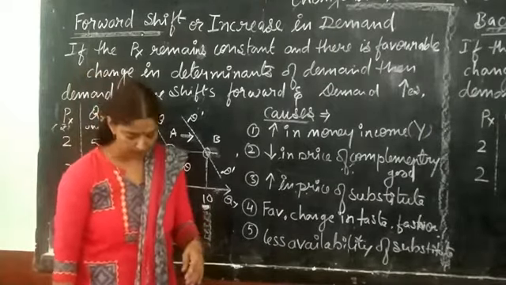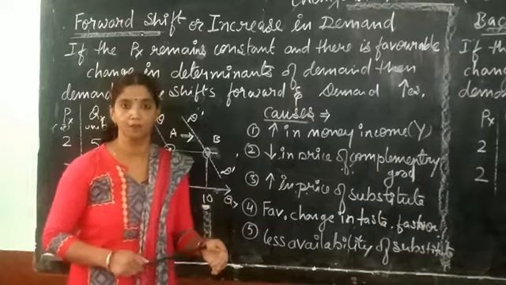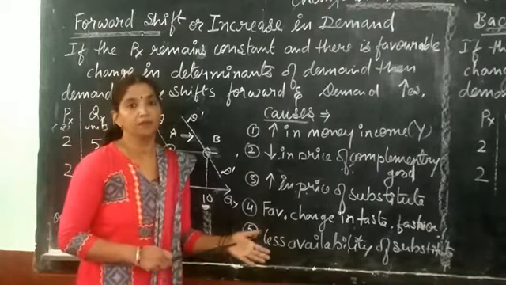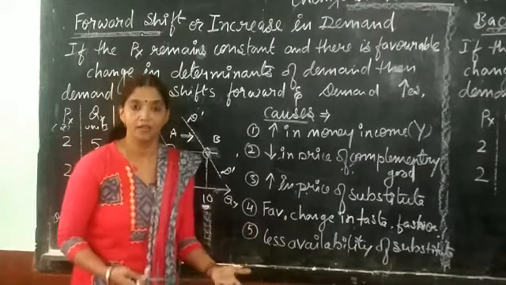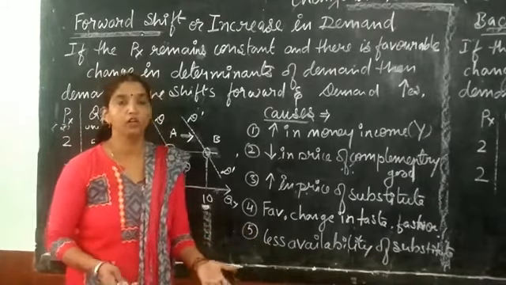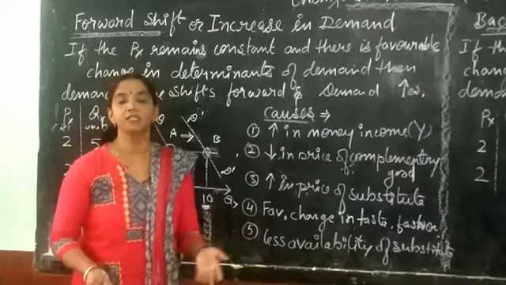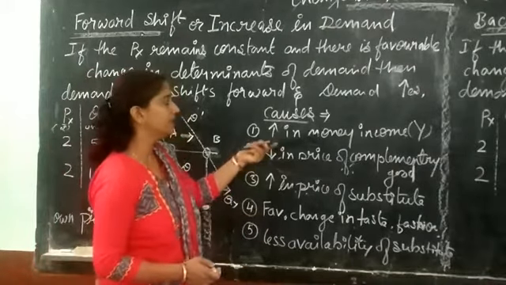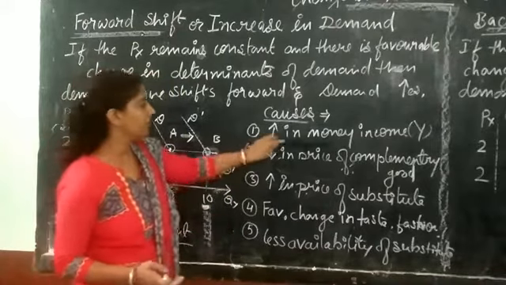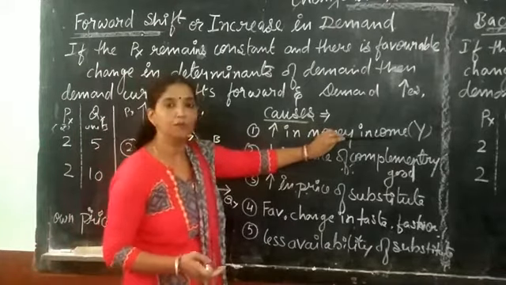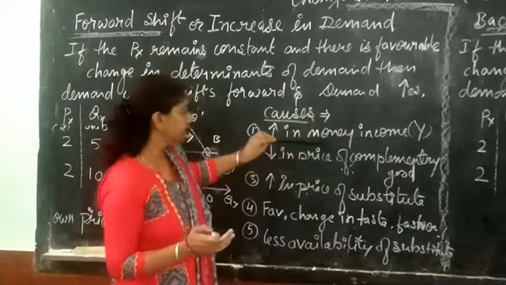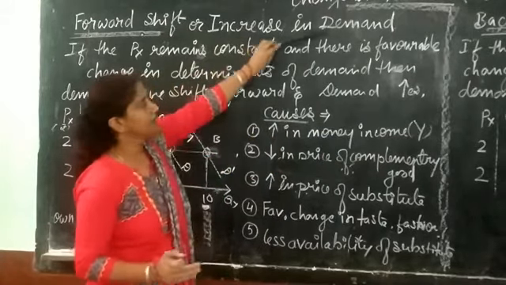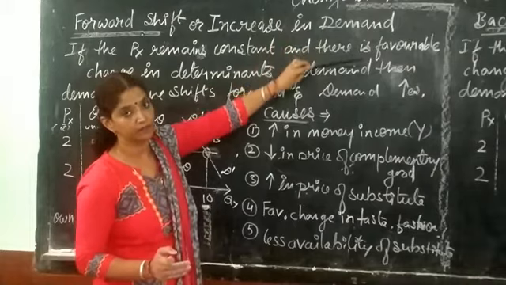If a consumer has more income, then his purchasing power increases, and he can spend more money on consumption. So it can be easily understood that if the money income of a consumer increases, then the demand will also increase.